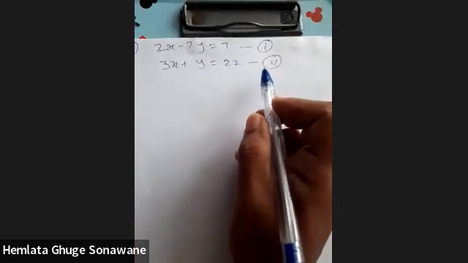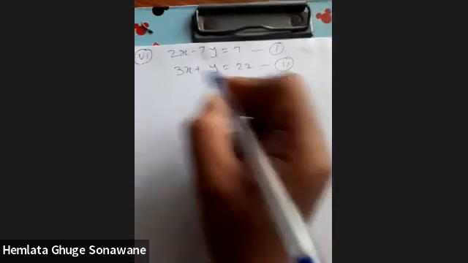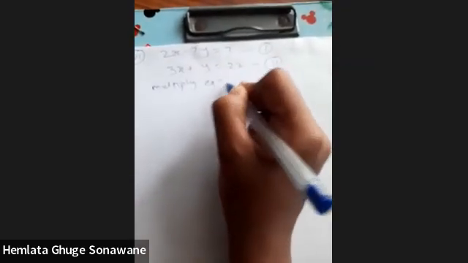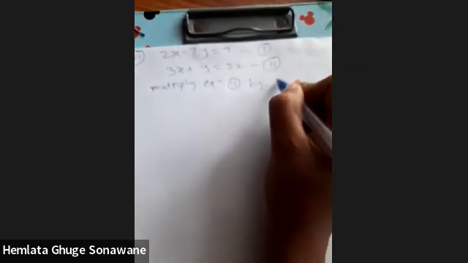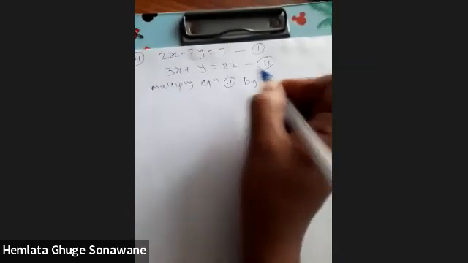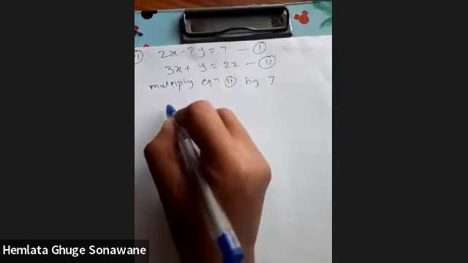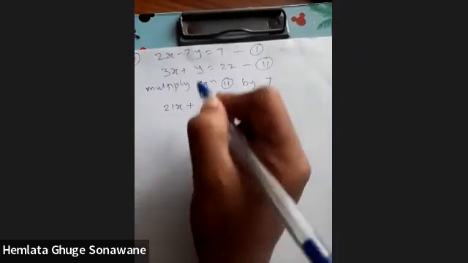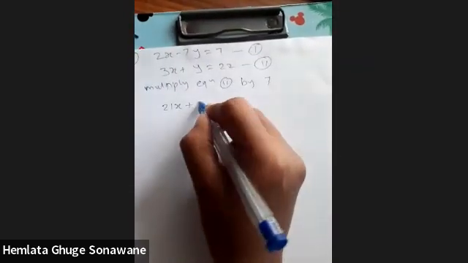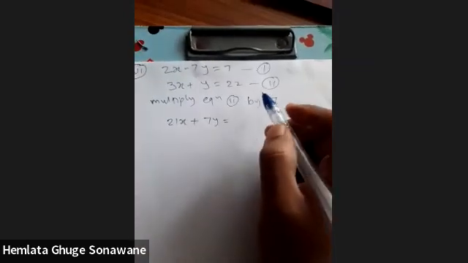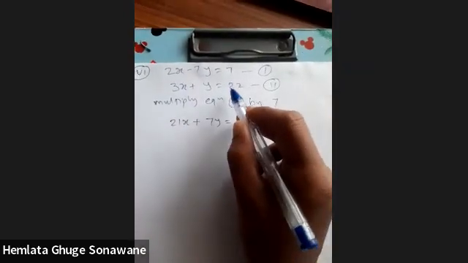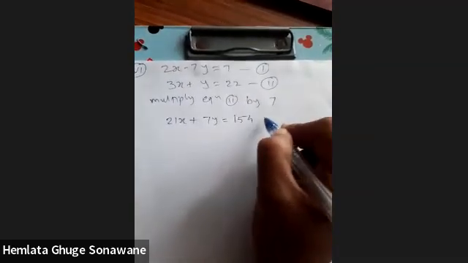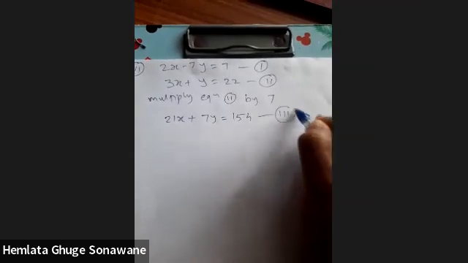Now we'll multiply equation number 2 by 7. So it becomes 7 multiplied by 3x, that is 21x, plus 7 into y, 7y is equal to 22 into 7 becomes 154. This is our equation number 3.